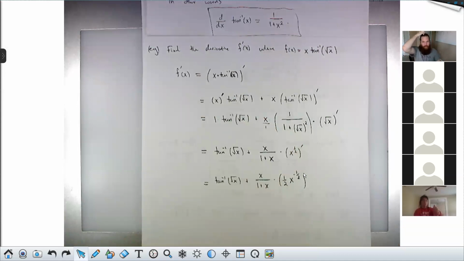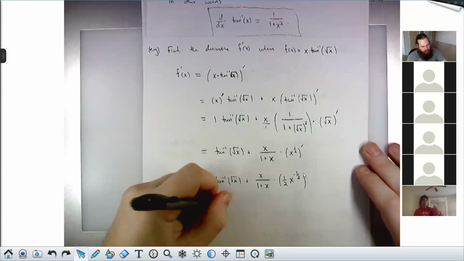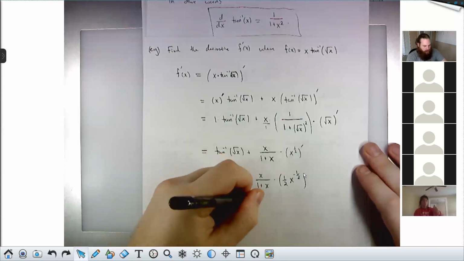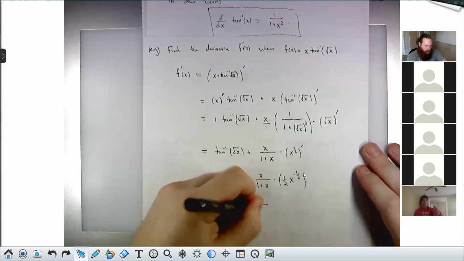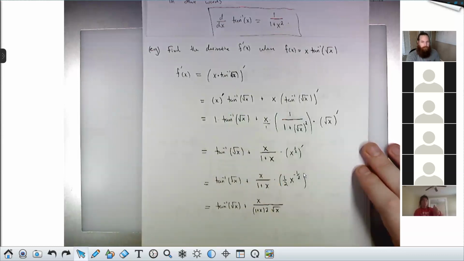And at this stage, you could call it done, but there is a little bit of simplification that can be done here. X to the negative 1/2 is 1 over the square root of x. So this is the same as x over 1 plus x times 2 square roots of x, like that.